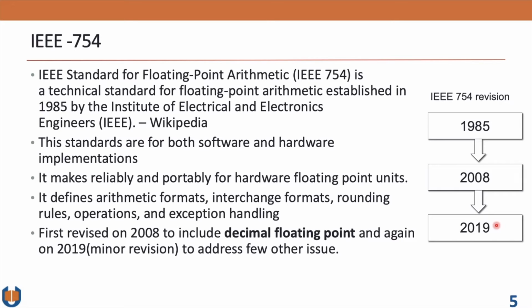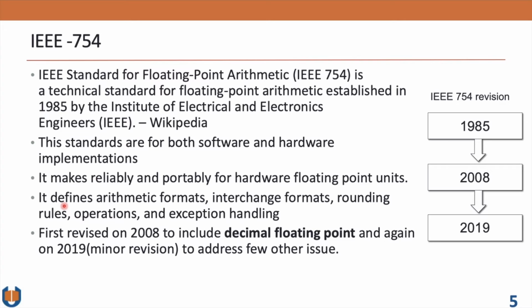This standard, as I said, was established because of the reliability and portability of the hardware floating point unit. So hardware manufacturers, software developers and compiler writers can develop their systems in a compliant way that can be easily ported.